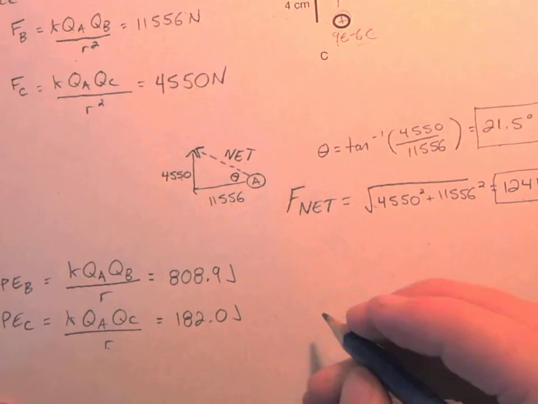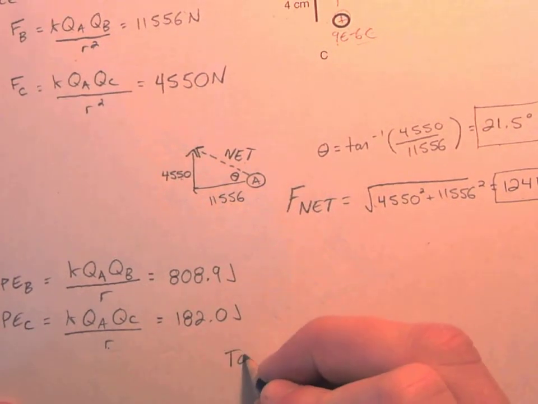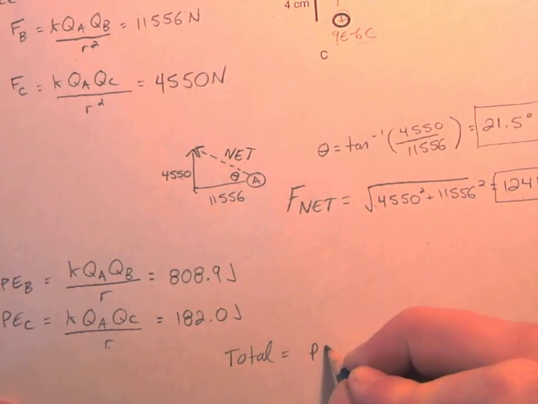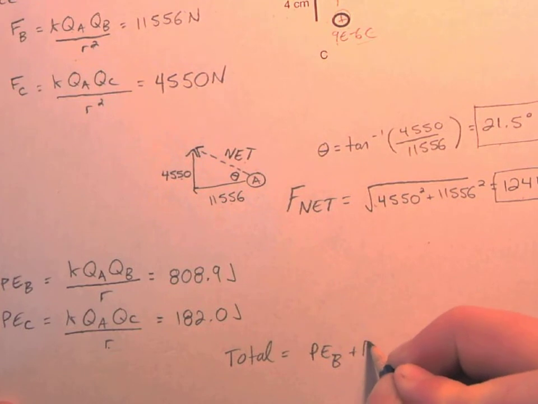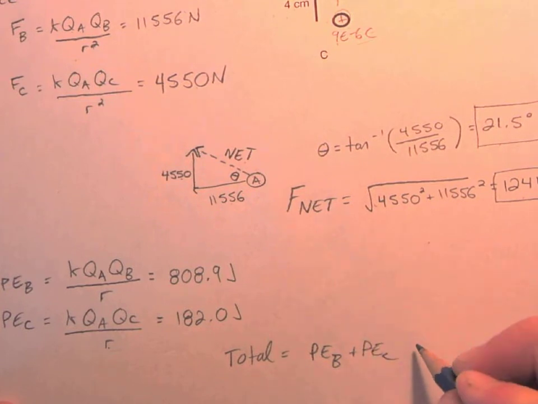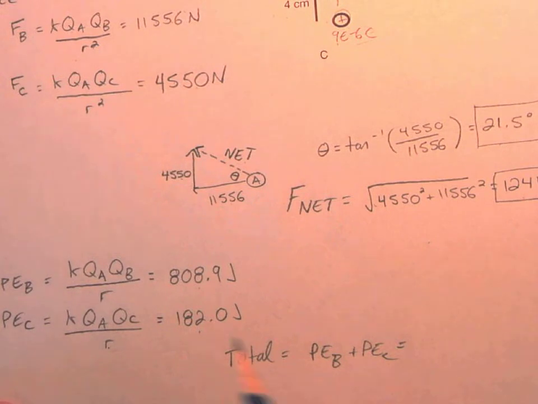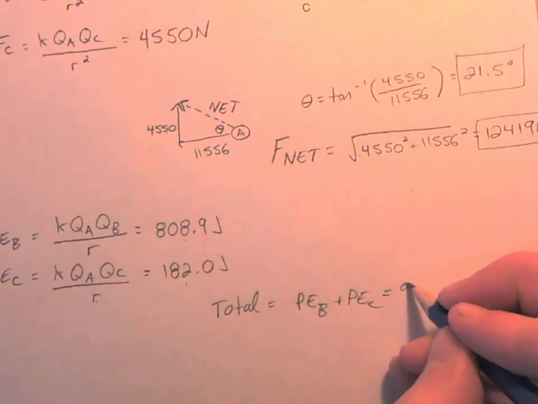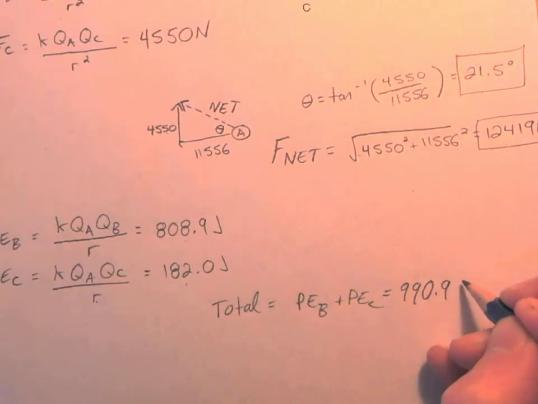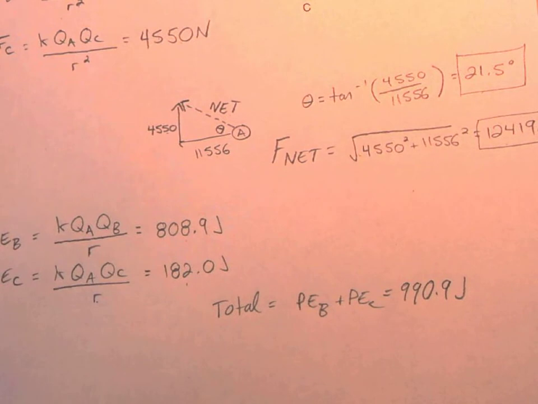So overall we want the total, which is going to be potential energy at spot B plus potential energy at spot C, which is going to be 808.9 plus 182, or 990.9 joules of energy to get to spot A when both B and C are there.